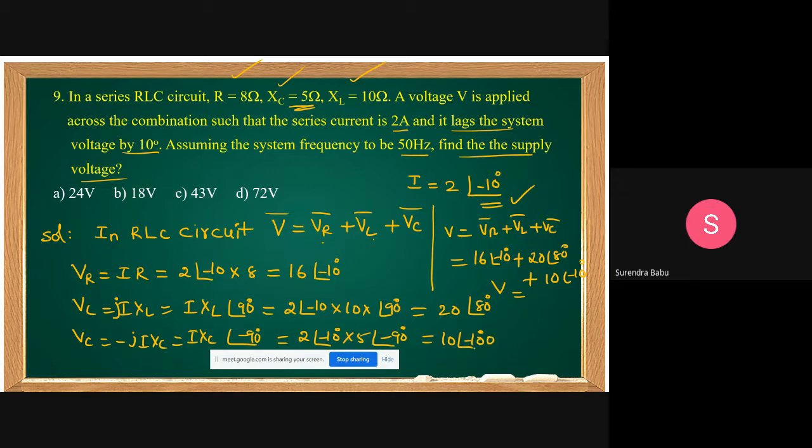Then you can solve for V. You get 24.08 at angle of 38.73. The magnitude is 24 volts. Like this you can proceed.